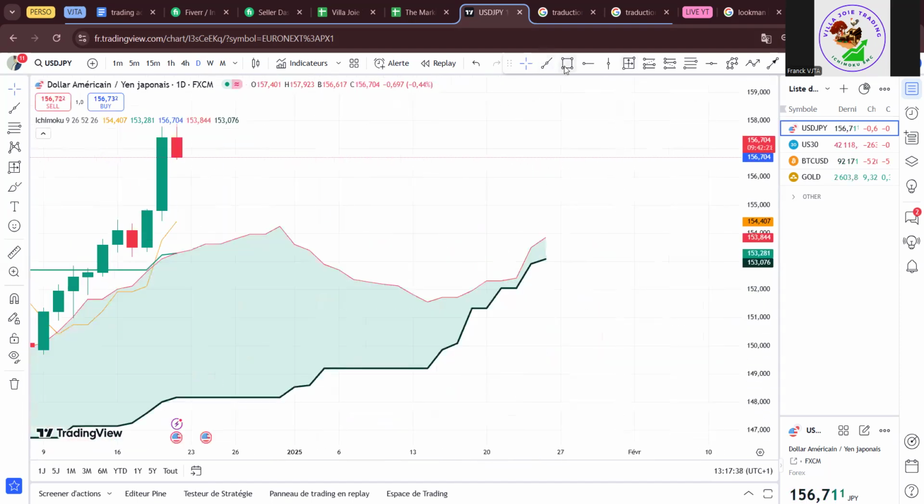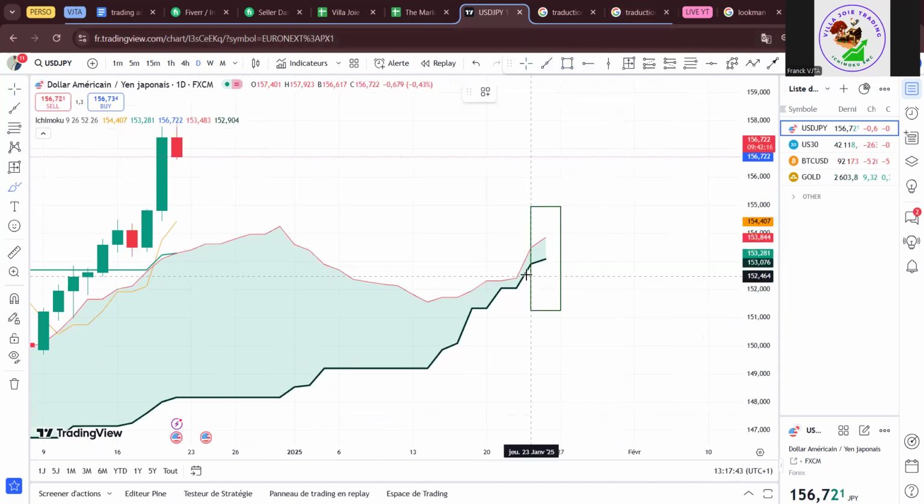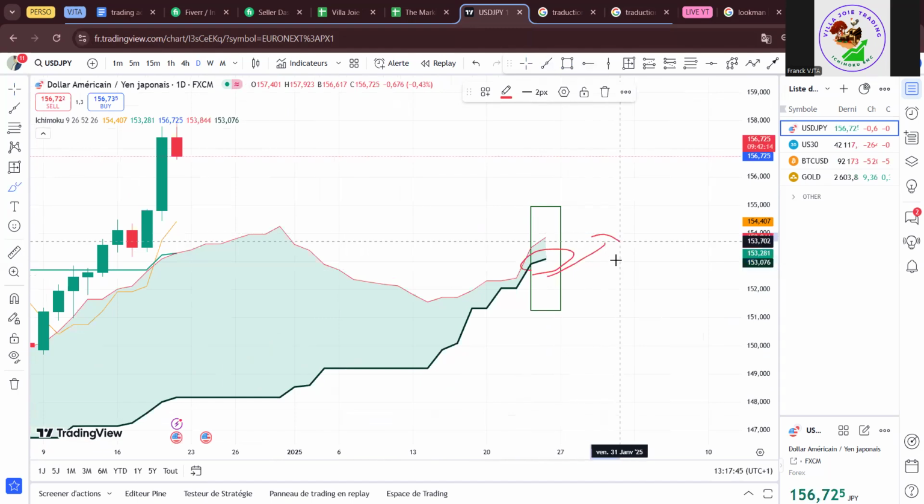When the mouth of the cloud is already an inclination like this one, it's easy to see that the actual trend is to the upside, right?